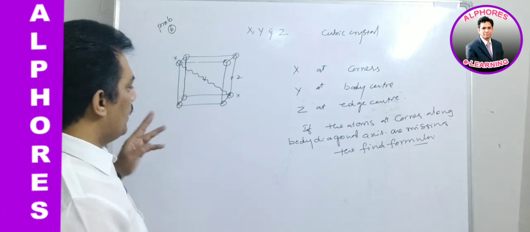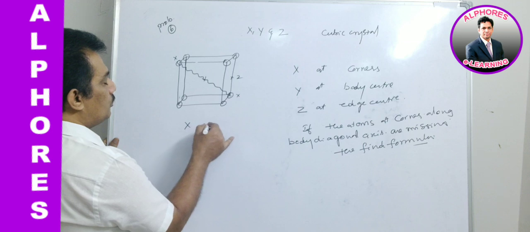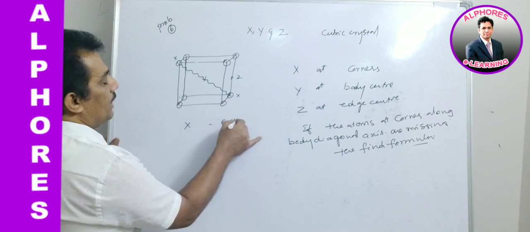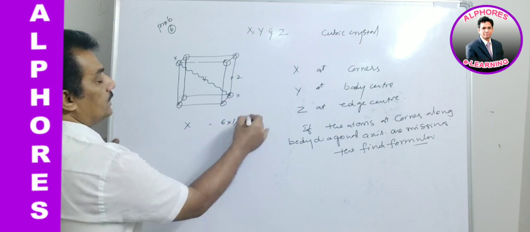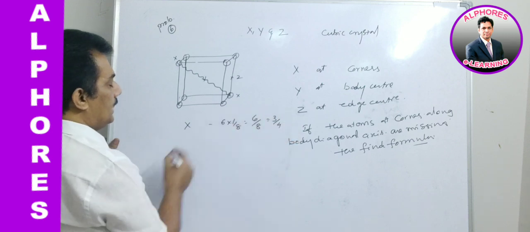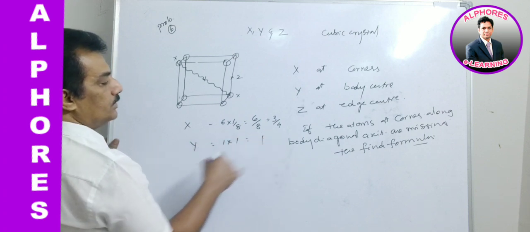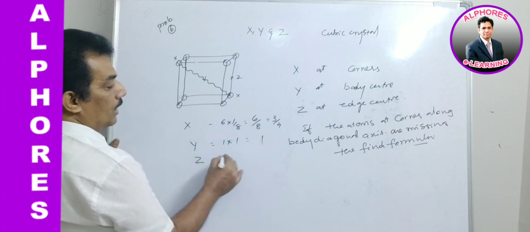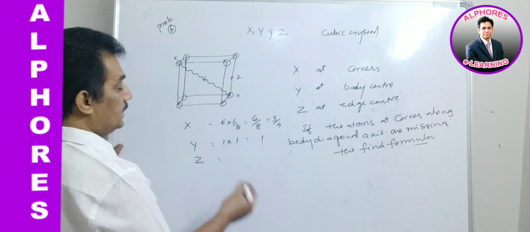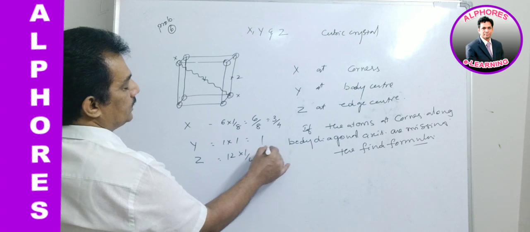Clear? And now when it is missing two corners, X is now assumed to be 6 into 1 by 8. That is nothing but 6 by 8, that is 3 by 4. And then Y is 1 into 1, that is 1. And Z, how many Z atoms? Z is edge center is 12 into 1 by 4 contribution, that is 3.